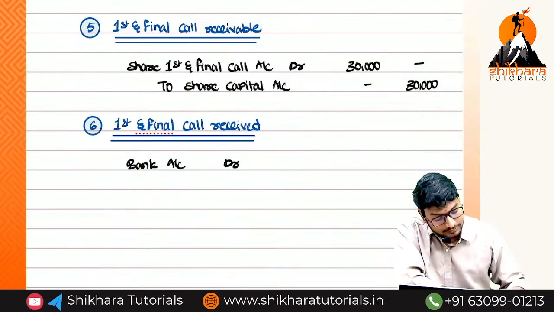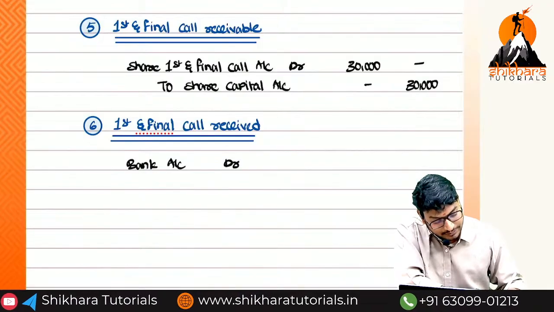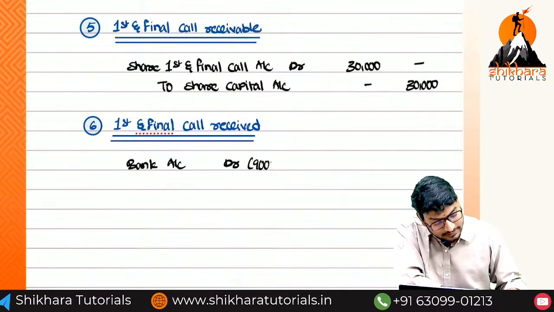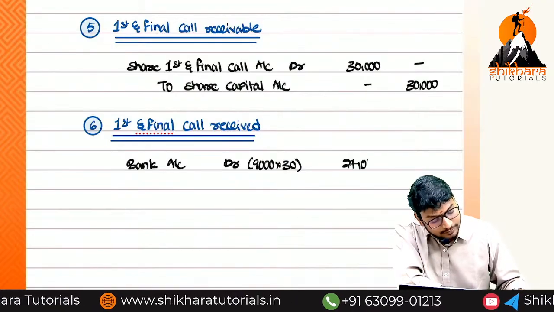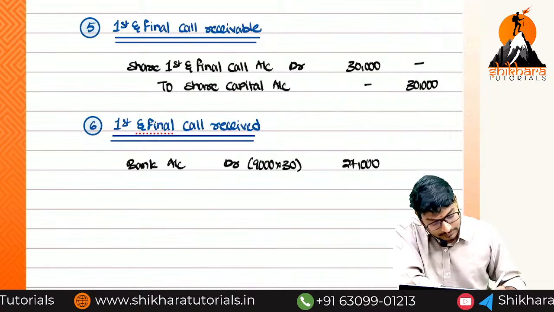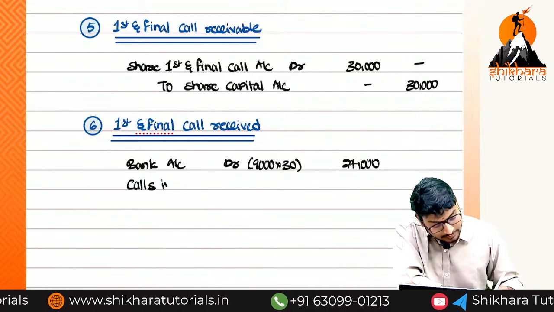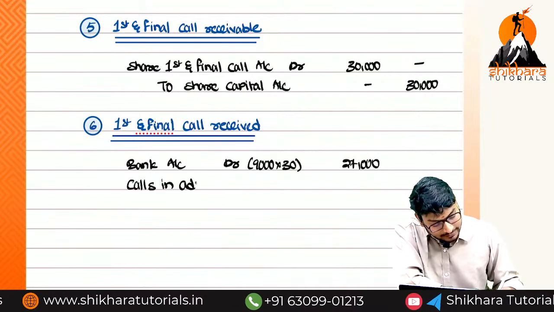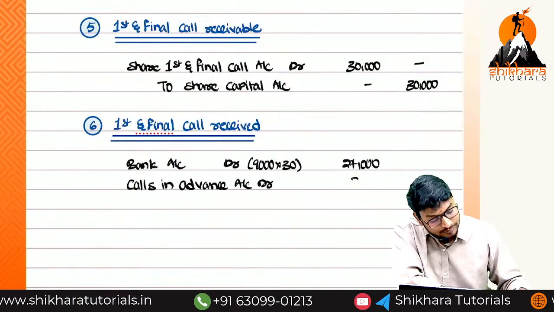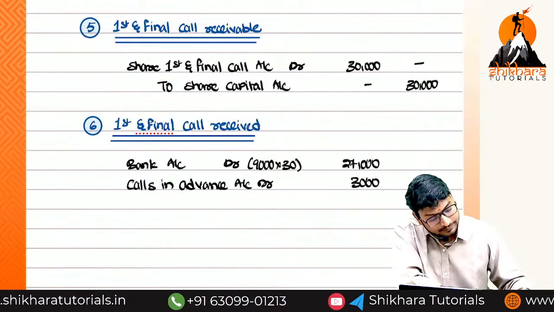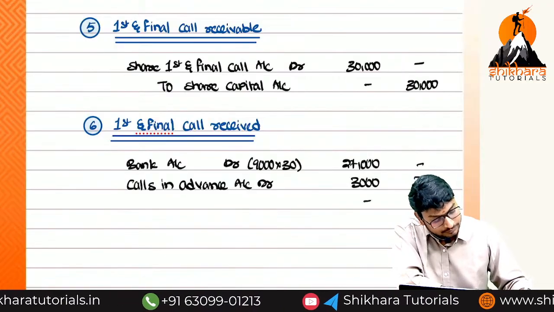Okay, na? So 27,000, how did you get, ma? 9,000 into 3 rupees. That is equal to 27,000. So what do we need to reduce, ma? Calls in advance account debit, how much, ma? 3,000.